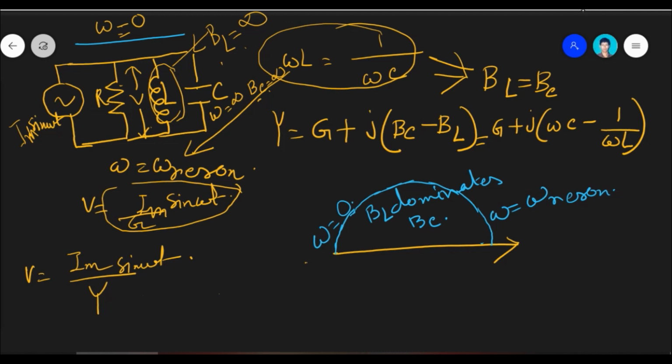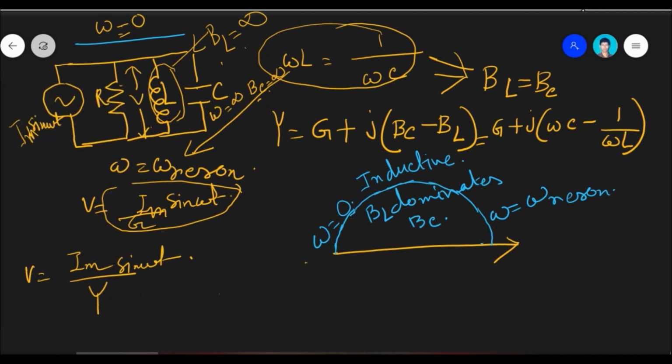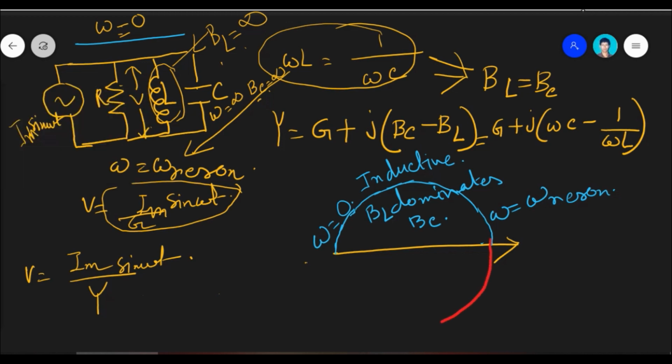So this is the place where your circuit behaves like an inductive circuit. And the bottom half is this one.